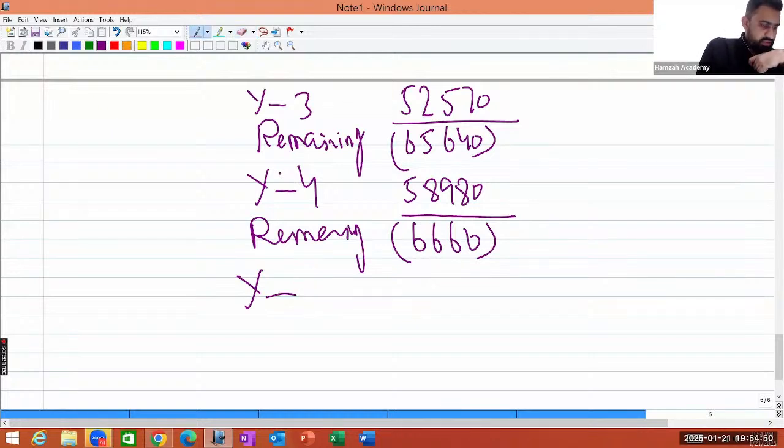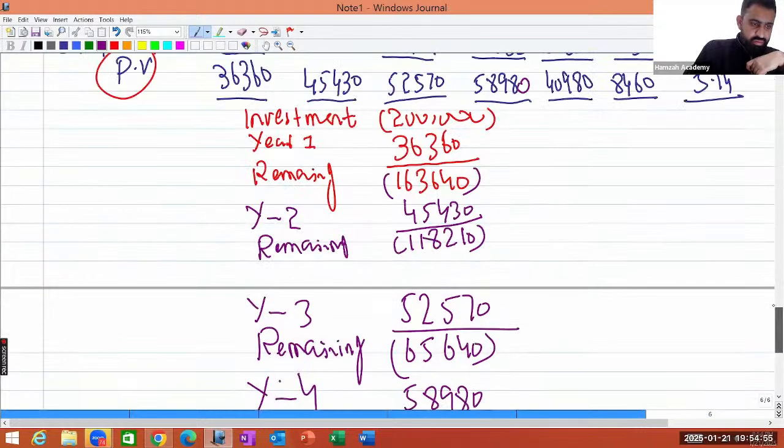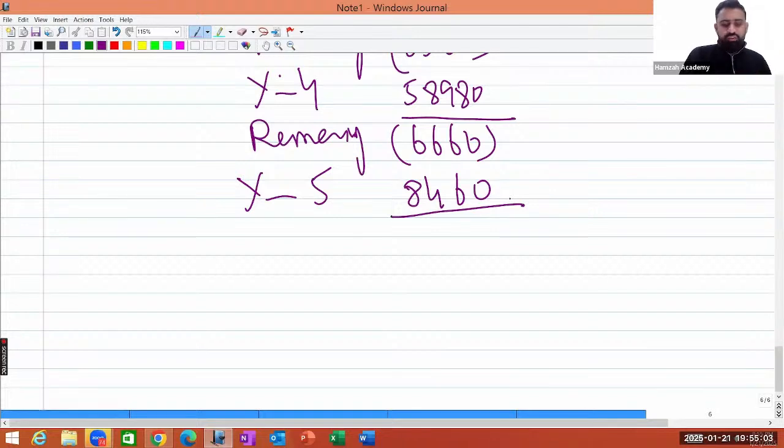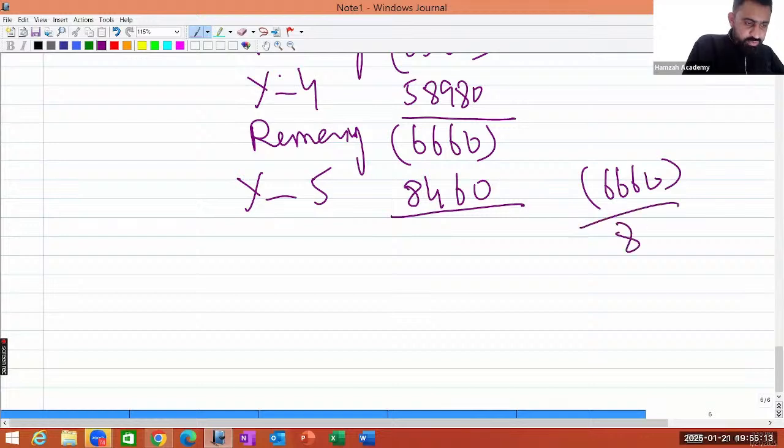Then in year 5, you have 84,060. So that means in year 5, you are recovering your investment. And the payback period will be 6,660 divided by 84,060, which is 0.79.